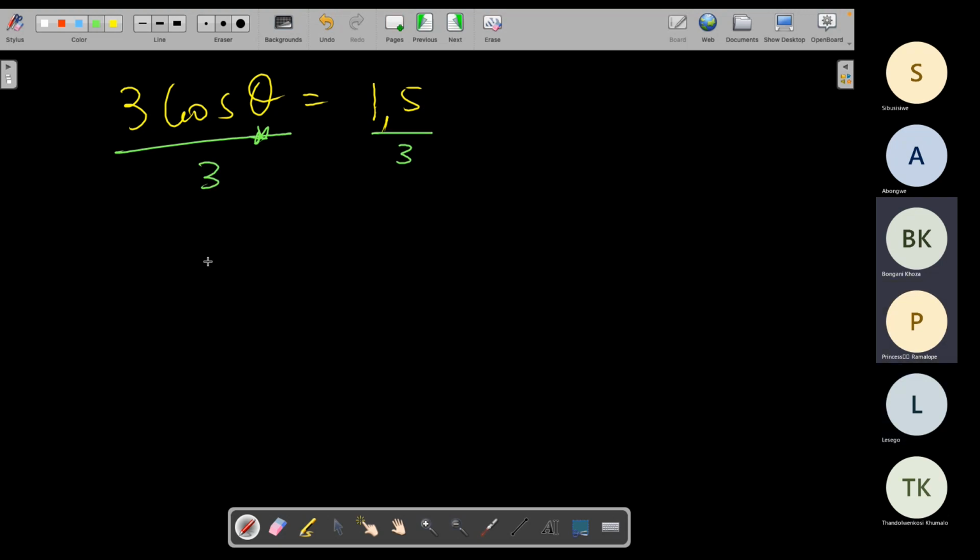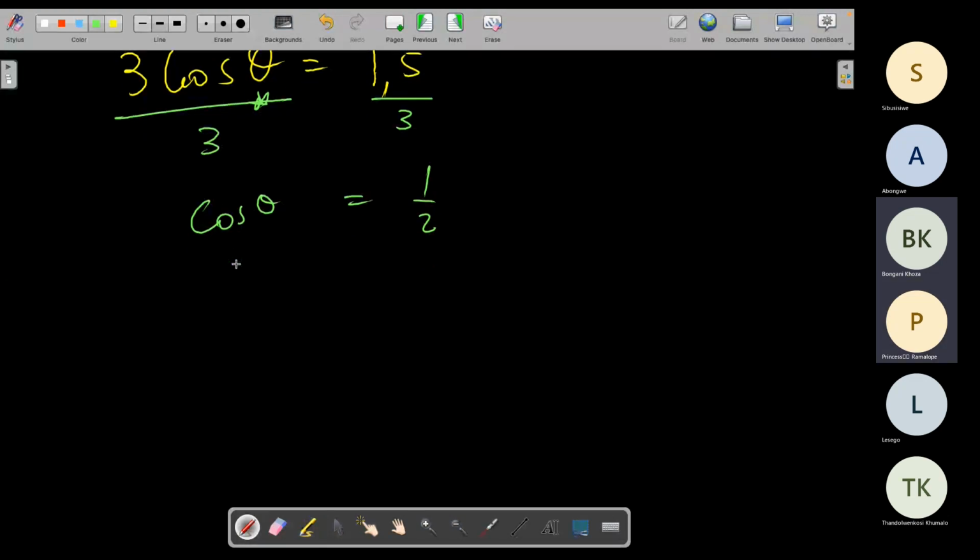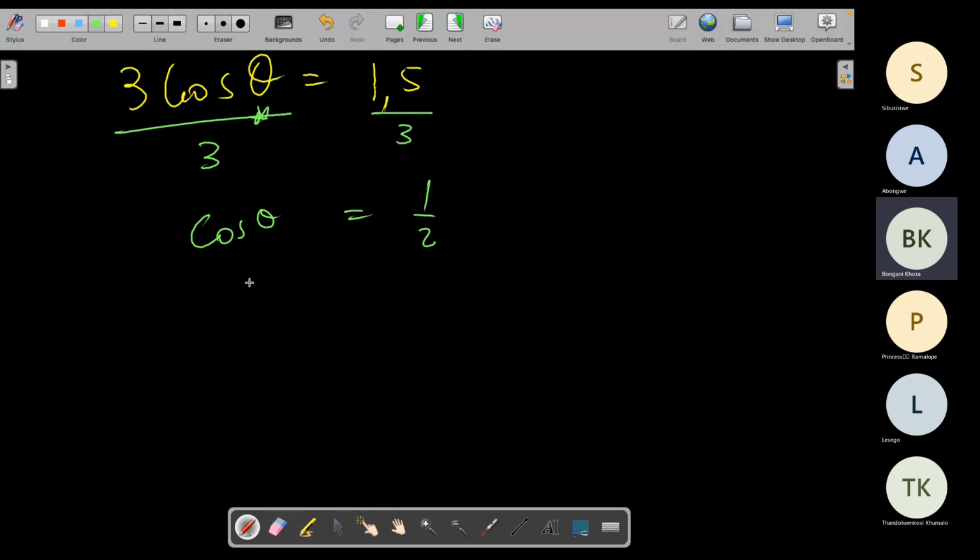Good. So we end up with cos theta equals to what? 1/2. Right. So how do we remove cos? What do we apply? Inverse. So what's the inverse?